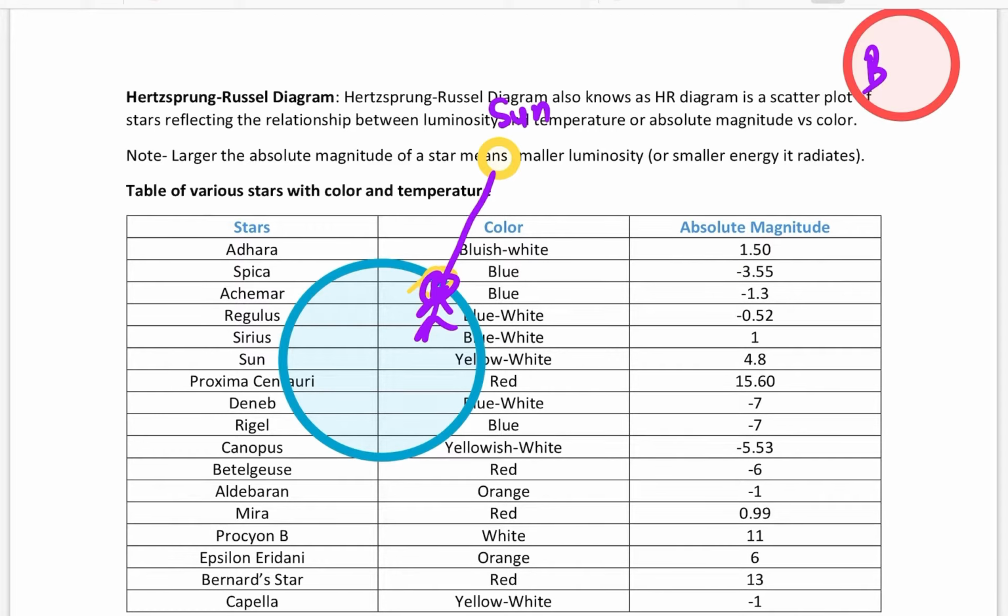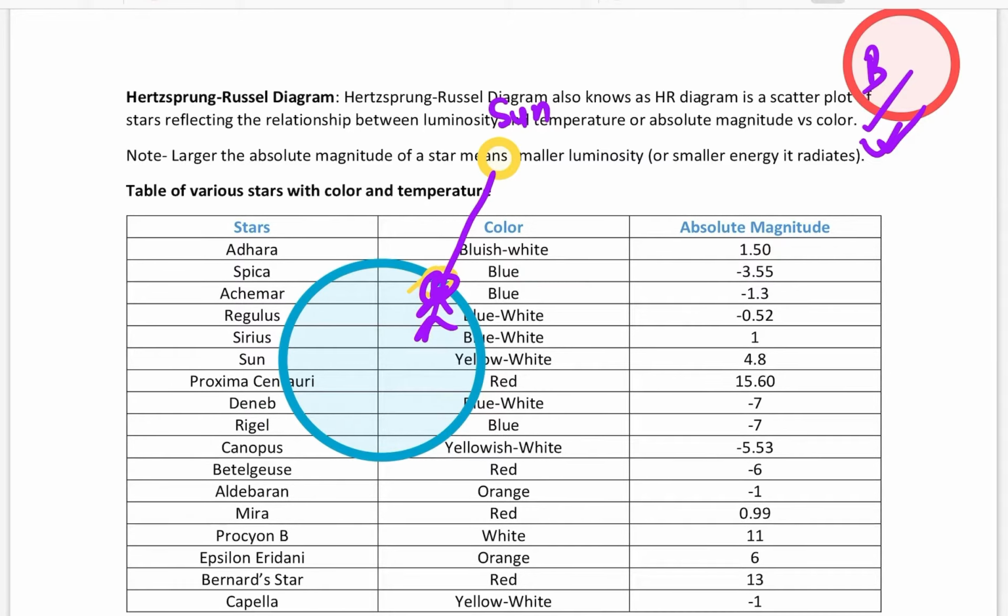But in fact, Betelgeuse is emitting a lot of energy per unit time compared to the Sun. That means it is much brighter. If we could somehow visit the star, which is not possible, then Betelgeuse would appear much brighter compared to the Sun.